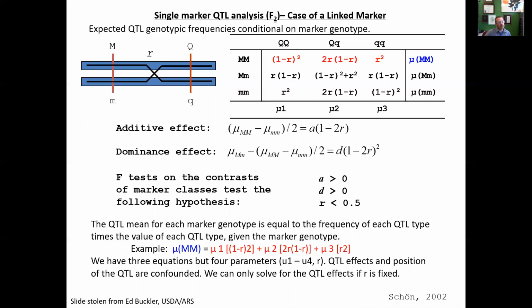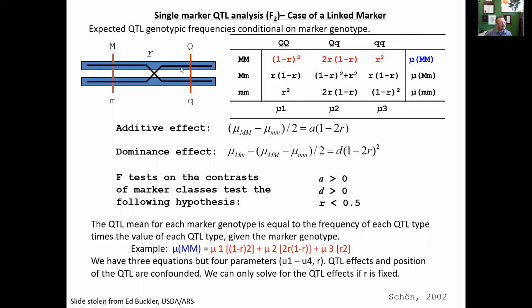So instead, what we do is we sprinkle random markers throughout the genome and use those to track segments of the genome. So what this little figure here is showing is that you have some marker, so big M and little m, and a QTL, big Q is our QTL, little q is the null effect. And there's some probability of recombination here.